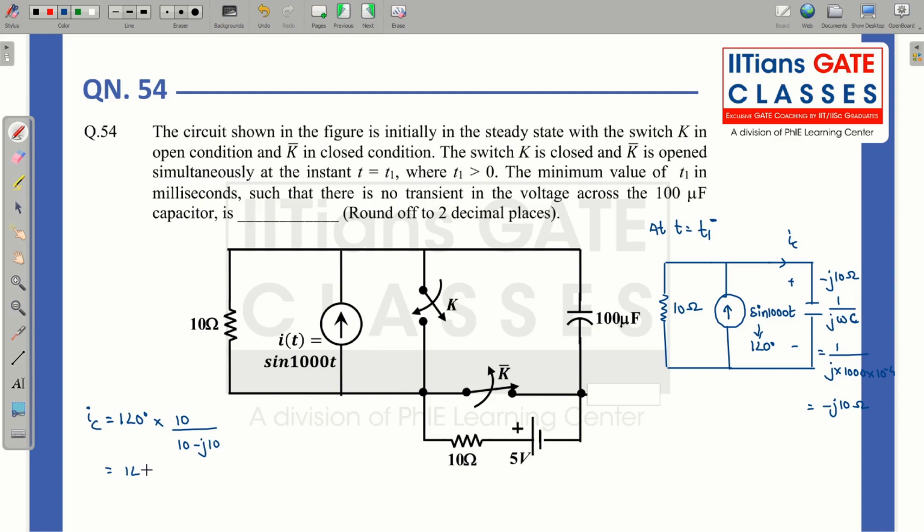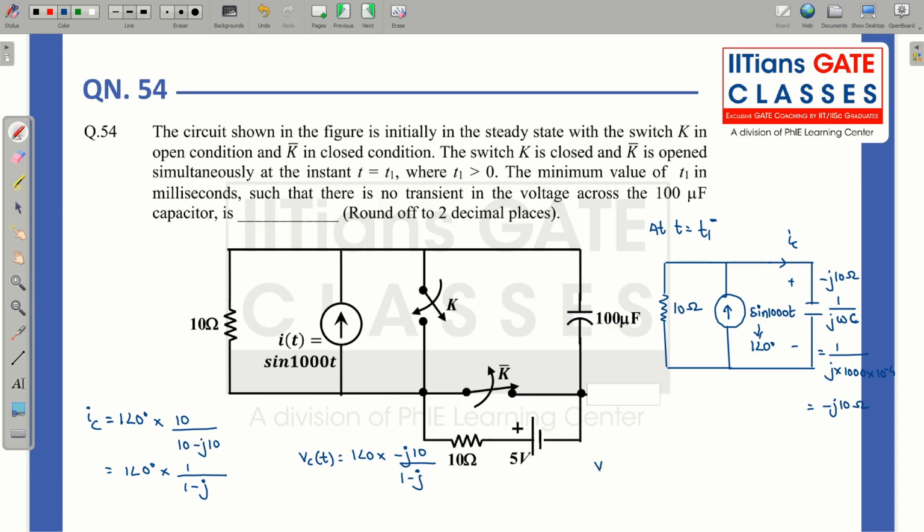So this will be 1 angle of 0 degree into 1 divided by 1 minus j. This is IC. So what will be VC(t) just before switching? It will be IC into this impedance, so 1 angle of 0 into minus j10 divided by 1 minus j.